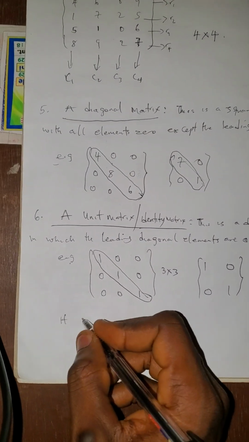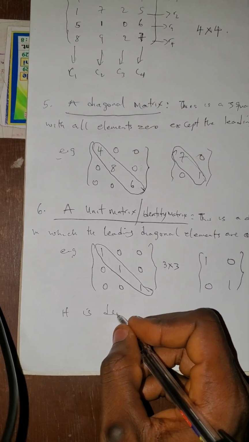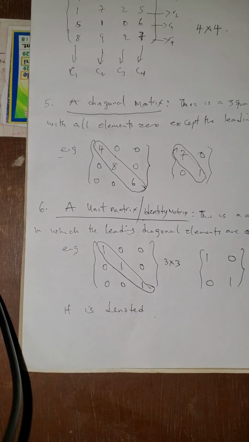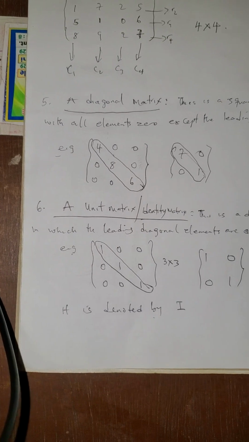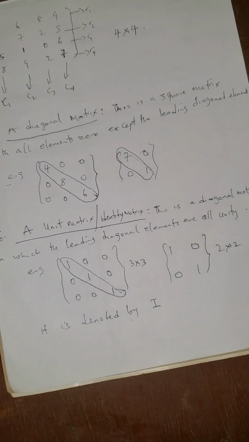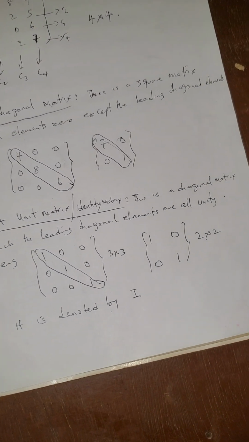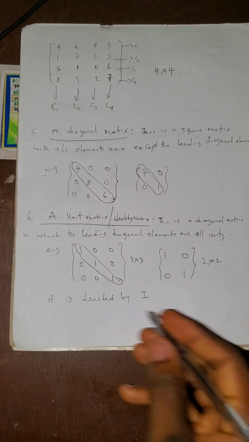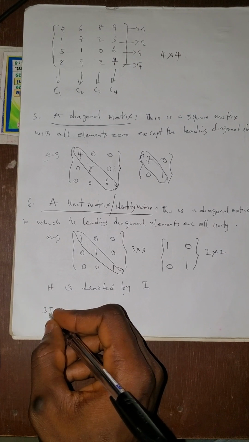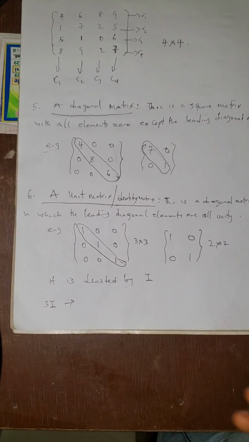It is denoted by I. Sometimes the examiner can ask you what is 3I if the matrix is 2 by 2.